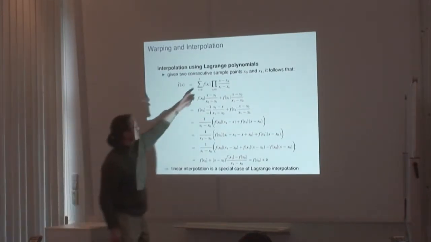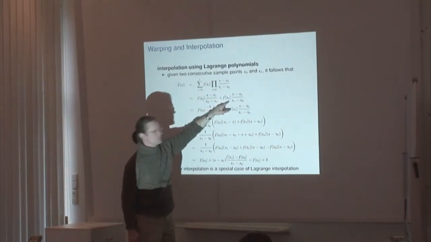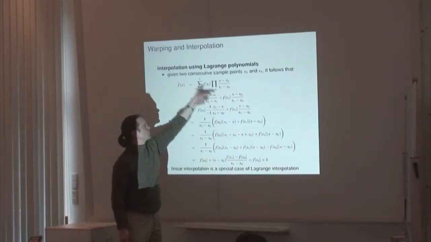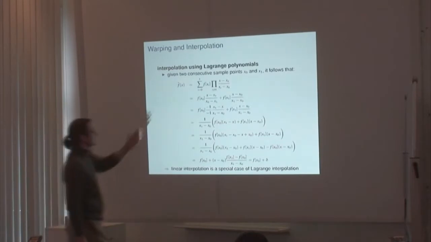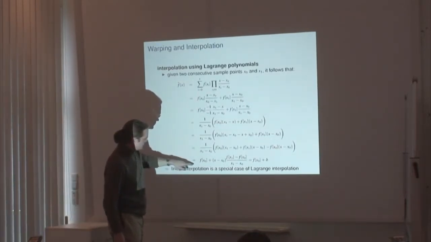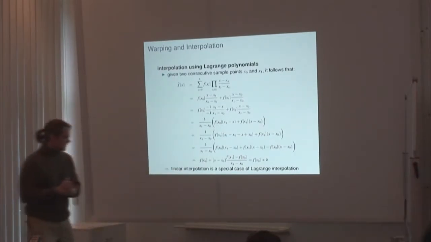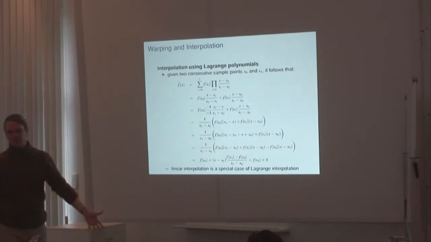We expand this sum, so f of xi becomes f of x0, and f of x1 becomes f of x1. These two corresponding products are rather simple in this case. We get this, and then we do a lot of algebra, and in the end we find that this evaluates to f of x0 plus x minus x0 times f of x1 minus f of x0 over x1 minus x0, and that is what we discussed as linear interpolation.